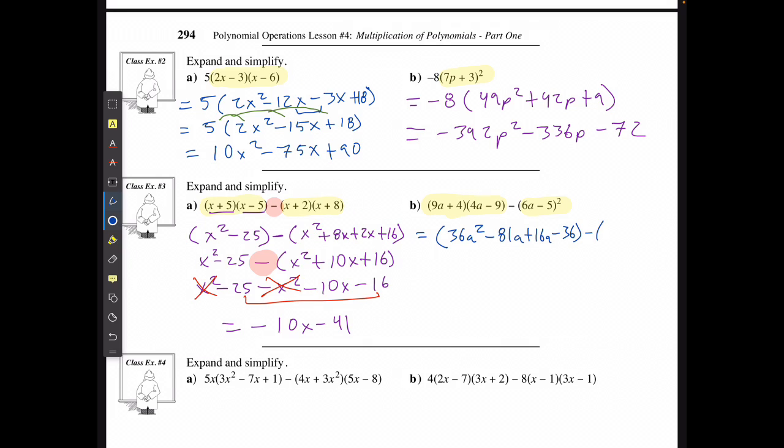And I'm subtracting from that 36a squared. The 6a times negative 5 times 2 gives me negative 60a and plus 25.